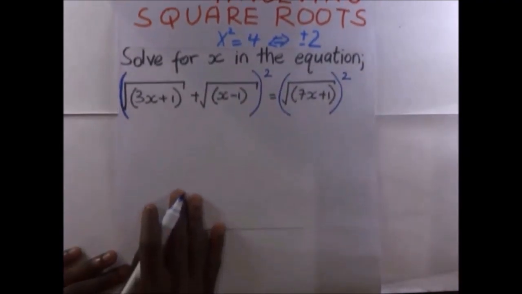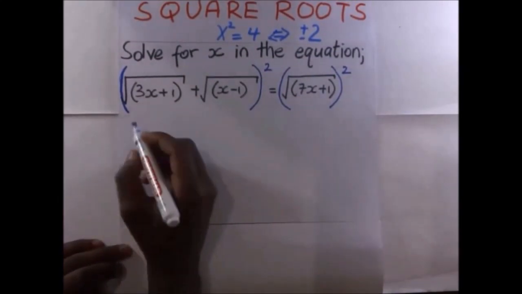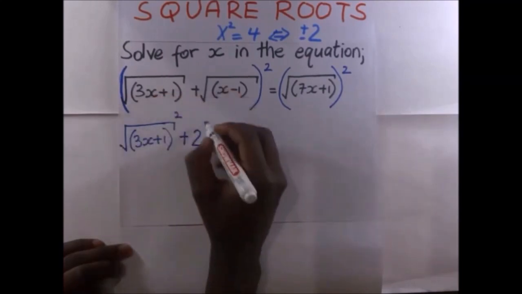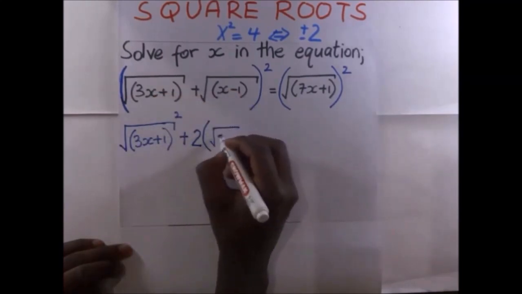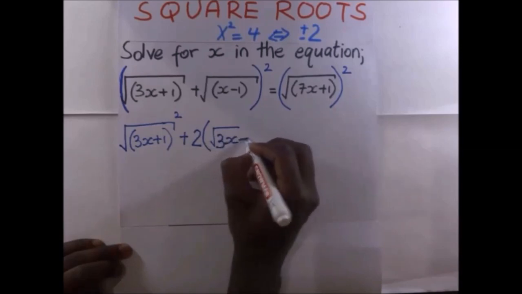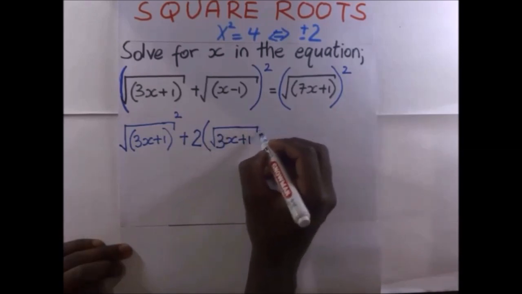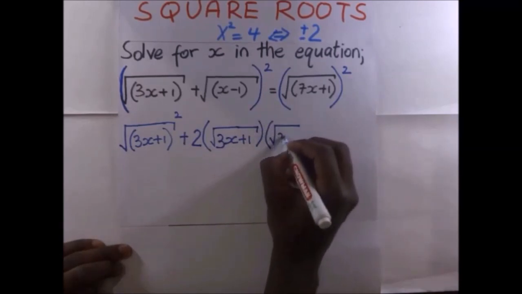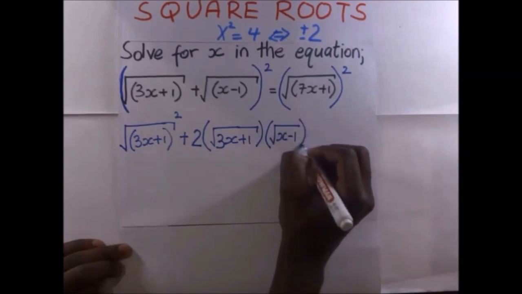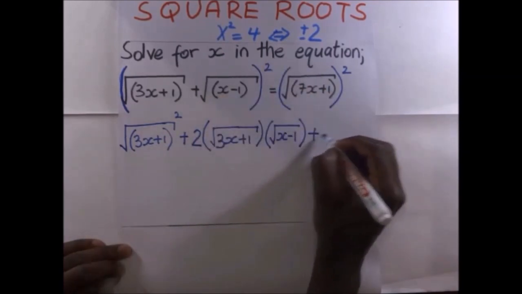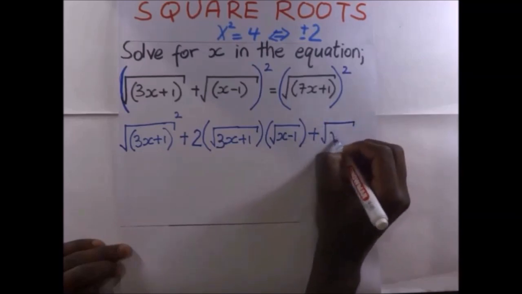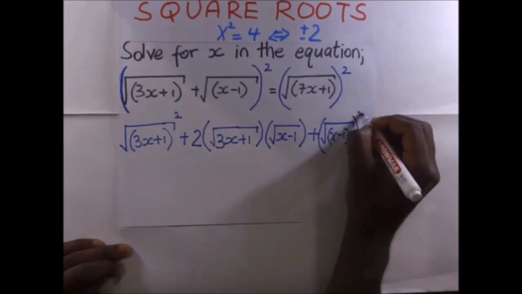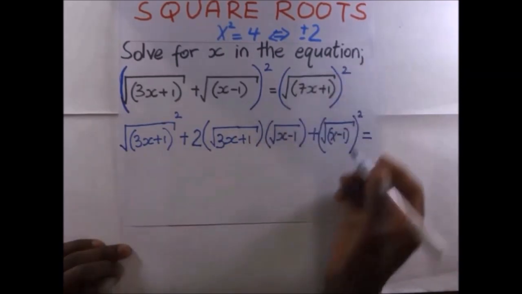So when we square both sides of the equation, we shall get this squared plus 2 times this times that, plus this squared, and that is going to be equal to that squared.